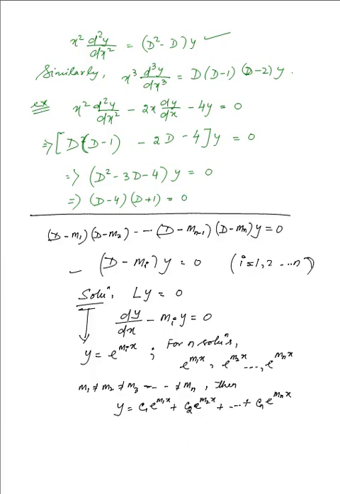And in case out of those n roots, we have r roots as equal, and they are all equal to m, then the general solution can be further expressed as y is equal to c1 followed by c2 multiplied with x, and it continues up to cr multiplied to x raised to the power r minus 1.